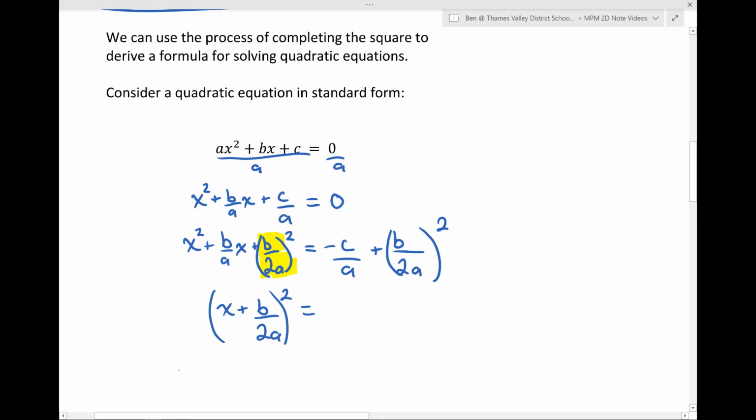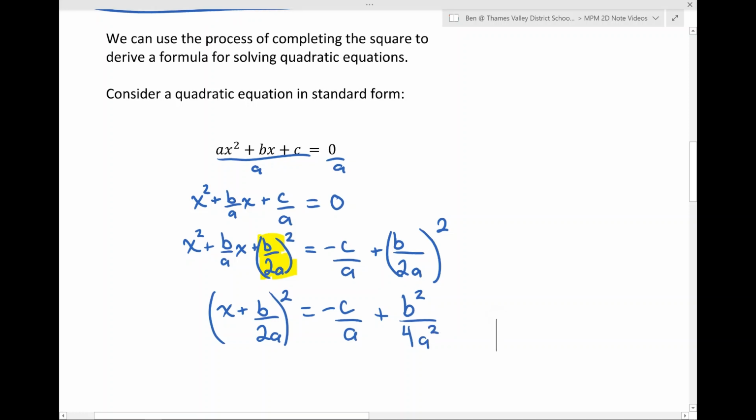Now, on the right-hand side, we're going to expand this out a little bit. So if I have b over 2a all squared, that's like squaring my numerator and squaring my denominator separately. So my first term stays the same, -c over a, plus, and then I'm left with b squared over 2 squared, which is 4, times a squared, which is just a squared.